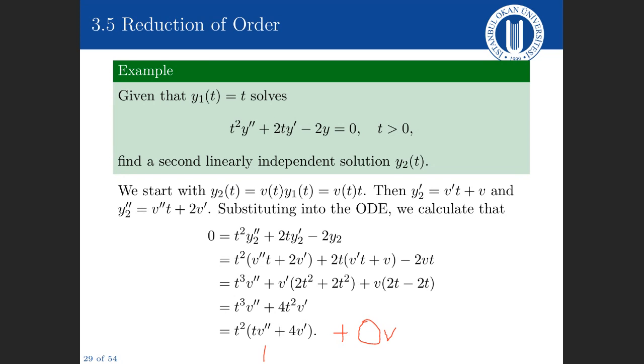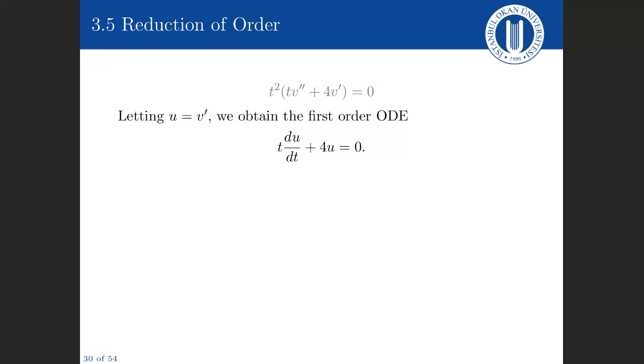We only have v double prime and v prime terms. So we can do the usual substitution, u is equal to v prime.